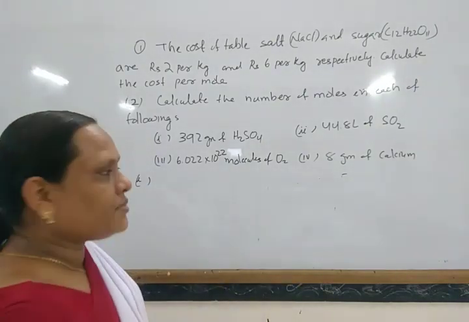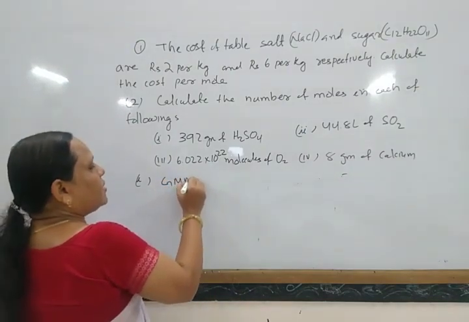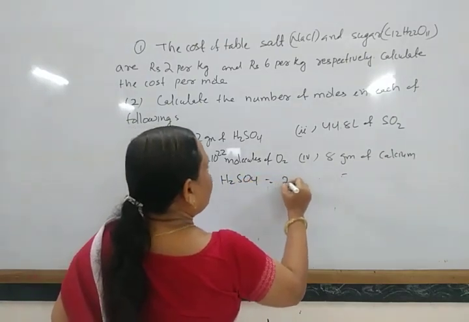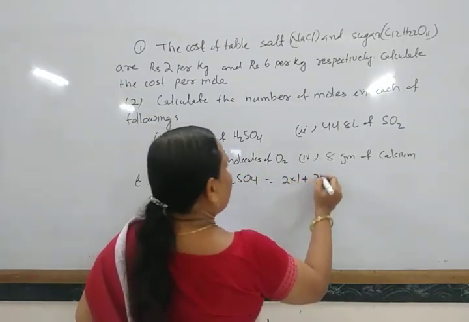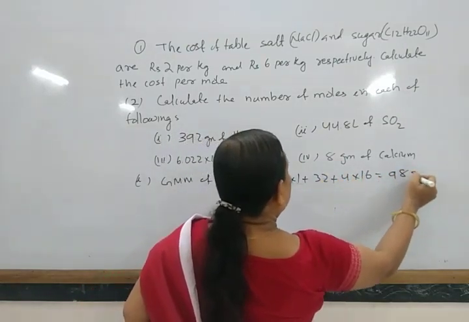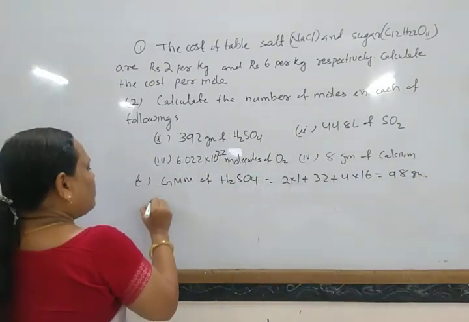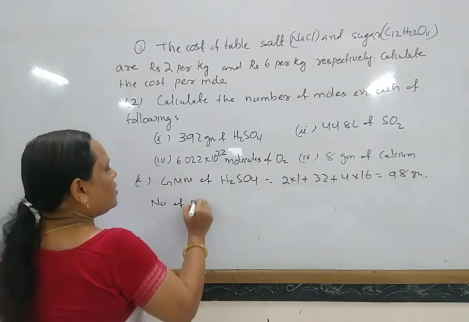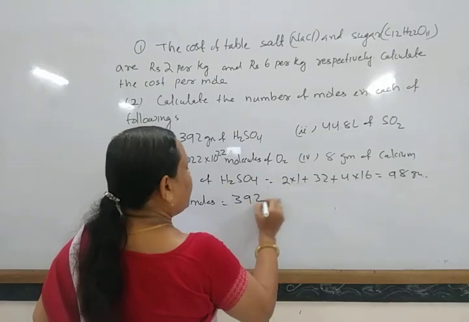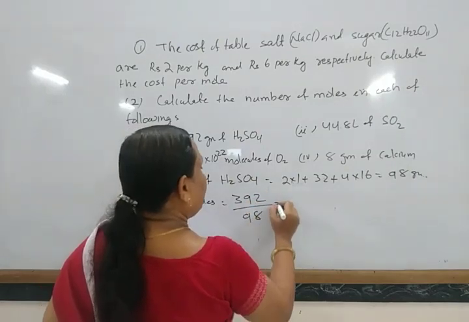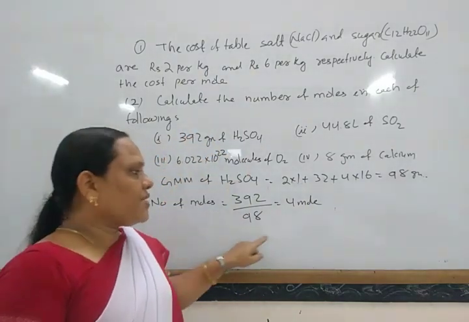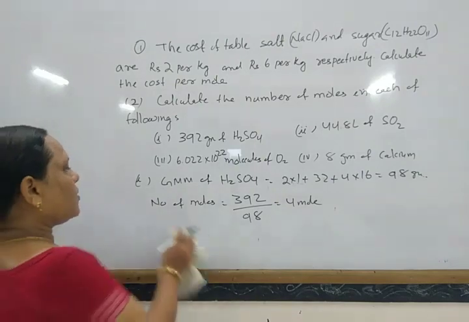Gram molecular mass of sulfuric acid is 2 into 1 plus 32 plus 4 into 16, that is 98 gram. Then number of moles is given weight, 392 divided by 98, that is equal to 4 mole. So 392 gram of sulfuric acid equals 4 mole.